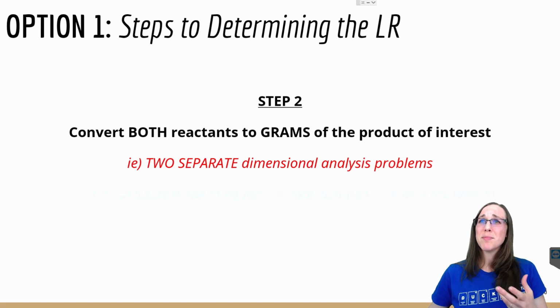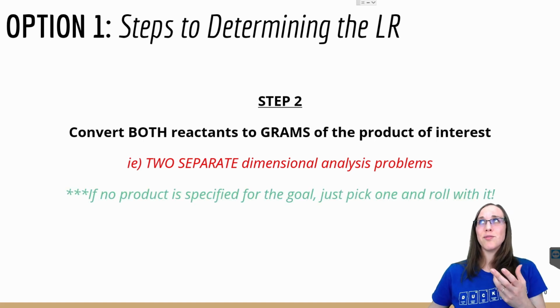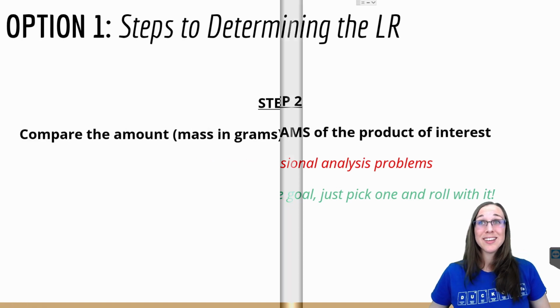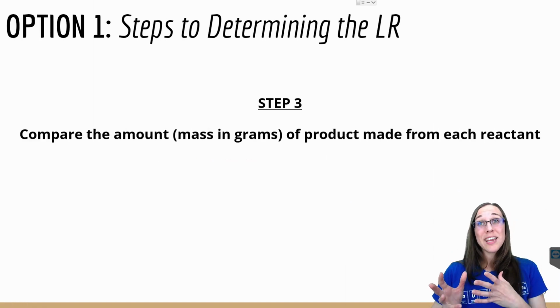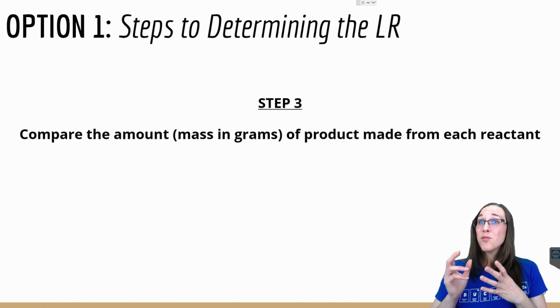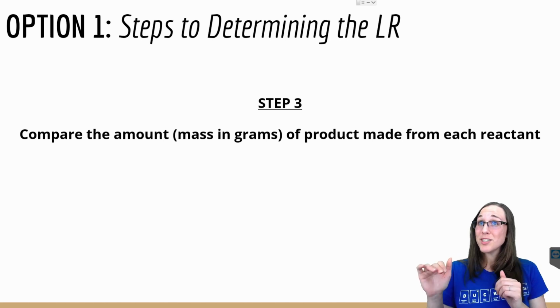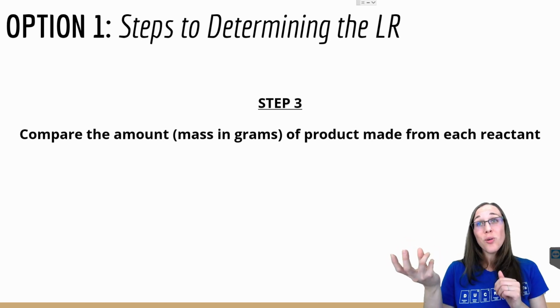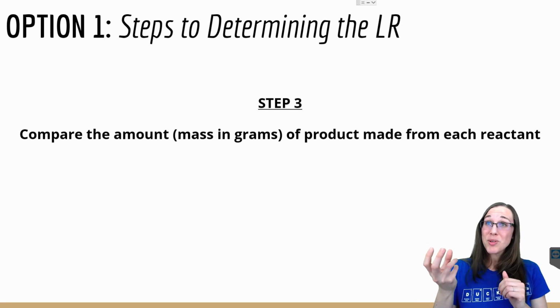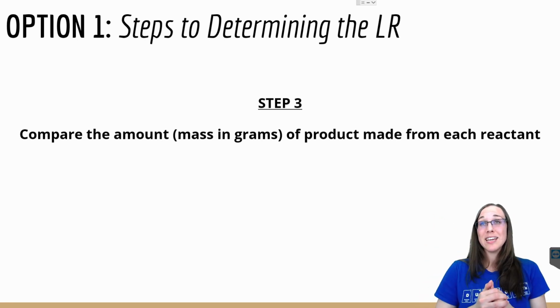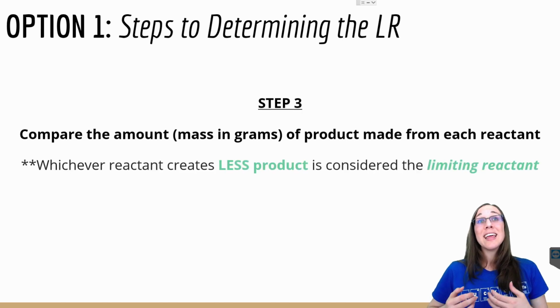Now, sometimes they might not specify the grams of the product of interest. So if you still need to find the limiting reactant, just pick one of the products for your goal units and roll with it. Option 1, step 3 is now you've calculated from both reactants 2 separate dimensional analysis equations for the goal units of one of the products. Now all you have to do is compare those 2 product grams you calculated and figure out which one made less.